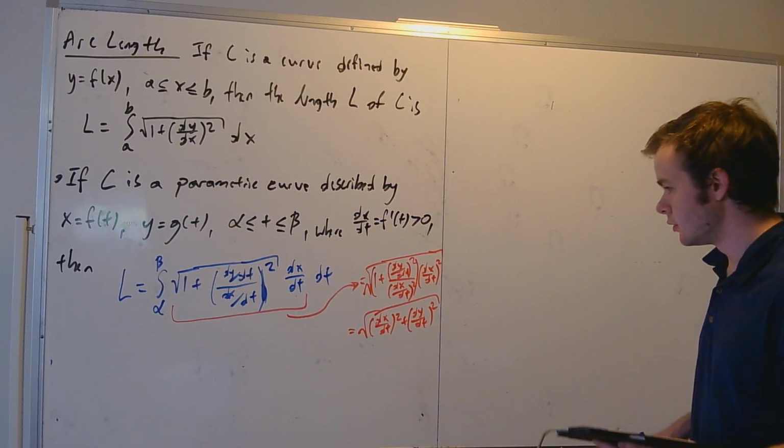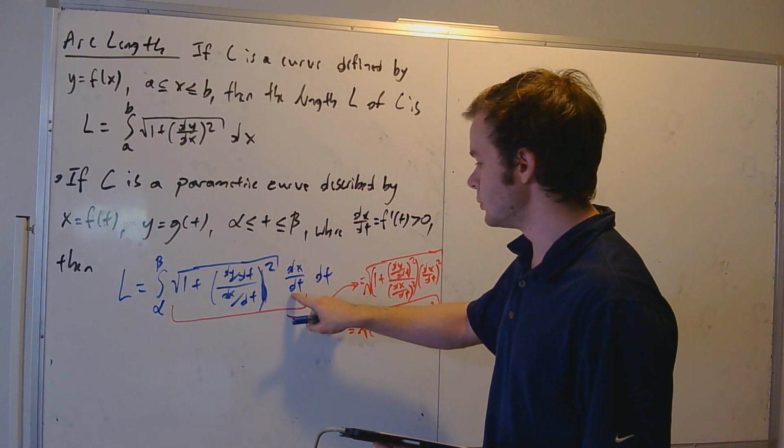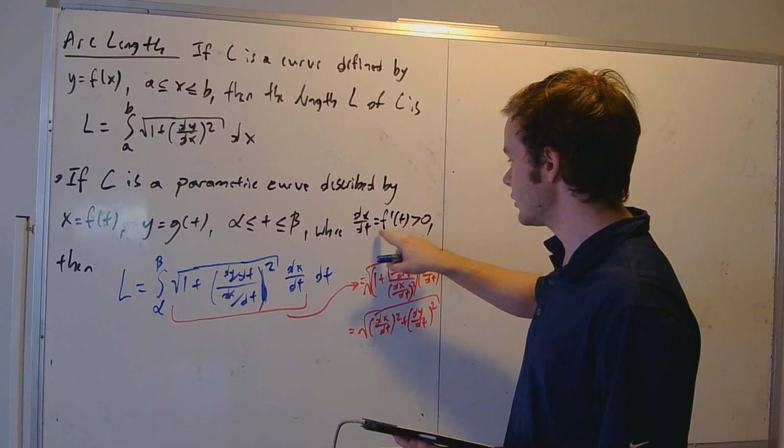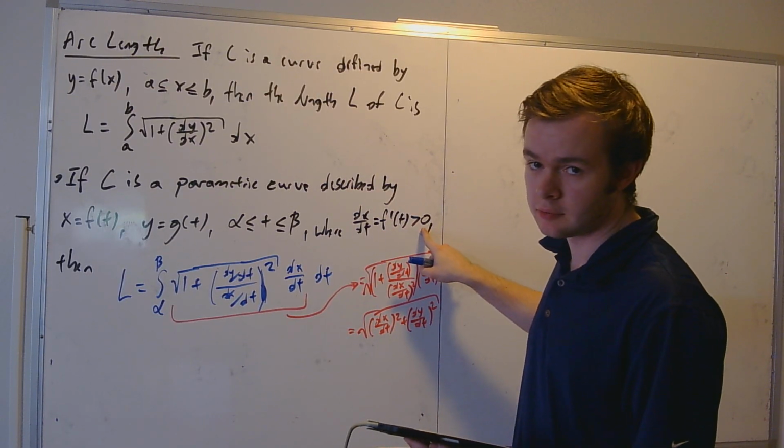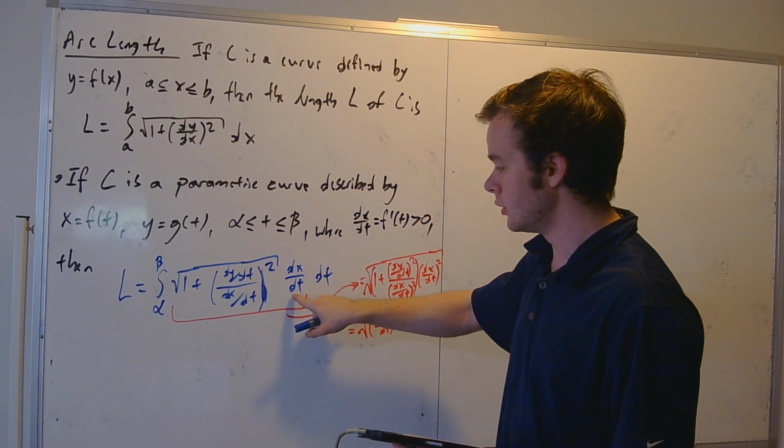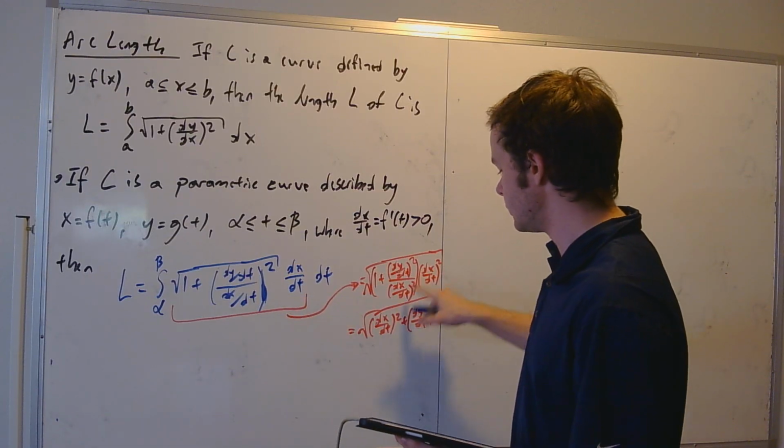And now, the reason we're able to bring this inside of the square root is exactly because this thing is positive. So that's why that's important. The fact that this is positive is why we're able to bring it inside.